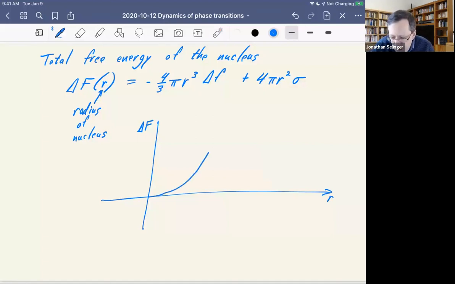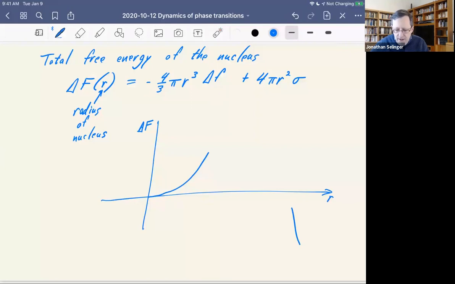What about for big R? For big R, the r cubed term is much bigger than the r squared term. And this is a negative term, it favors large radius. So for large R, our function must look something like that, heading towards negative infinity.